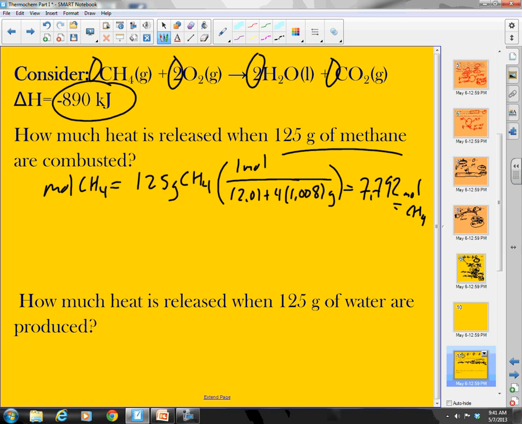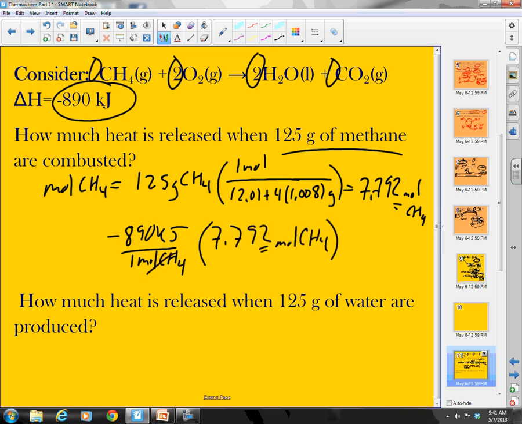And what's my relationship? It is a negative 890 kilojoules per what? Per 1 mole of methane. Wow, this is just like stoichiometry, right? And mole ratios, times 7.792 moles of methane.